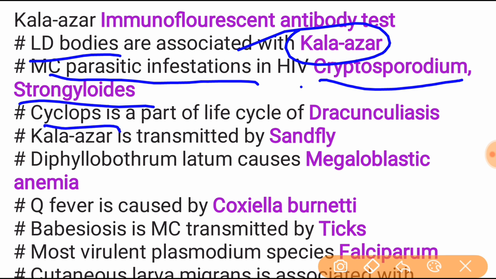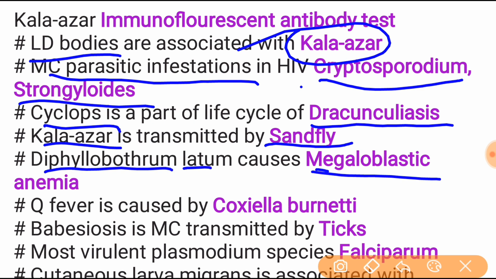Cyclops is a part of the life cycle of Dracunculiasis. Kala-Azar is transmitted by sand fly, Phlebotomus argentipes, and Diphyllobothrium latum causes megaloblastic anemia. Q fever is caused by Coxiella burnetii.